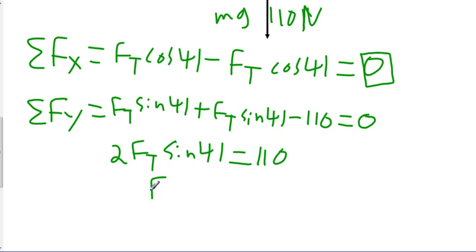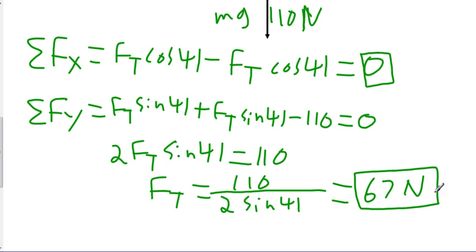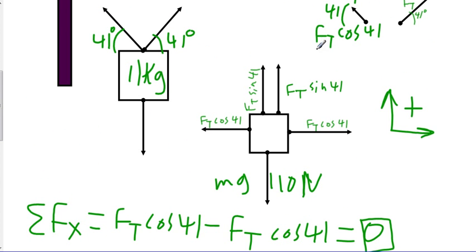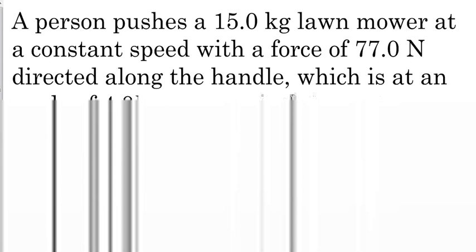From here, just to show you the algebra for this, we can divide by 2 sine 41, so Ft is equal to 110 divided by 2 sine 41, and that gives us a force of tension of 67 newtons. There you go. This was to emphasize how we can break up our x and y components from our non-perpendicular vectors.